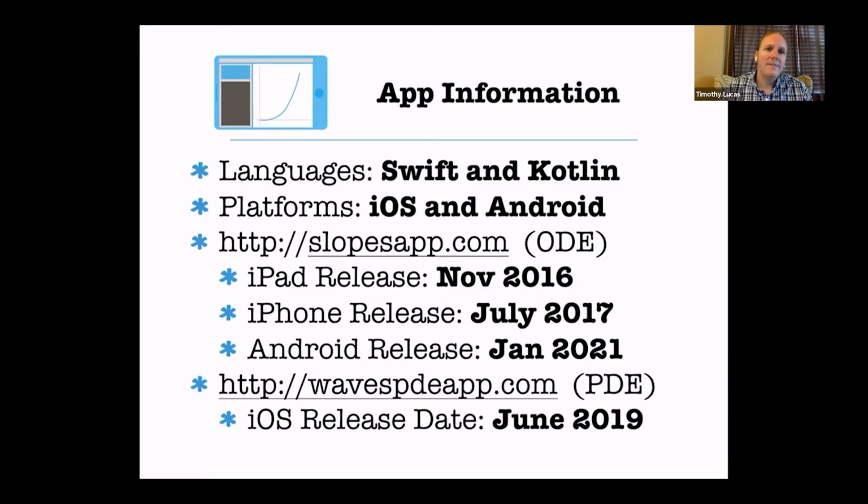This is an app that I've done a lot of programming work for, but a lot of the programming work has actually been done by students at Pepperdine University. I have a large team of students that I'll be thanking at the end who have been involved in this, and this has been a great project to involve students in.